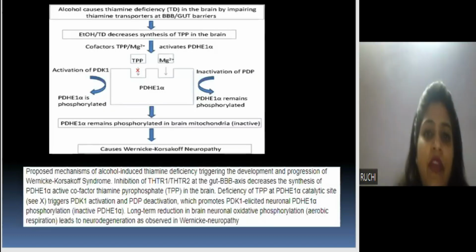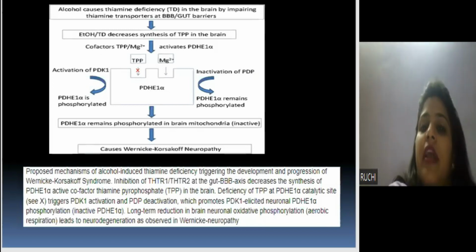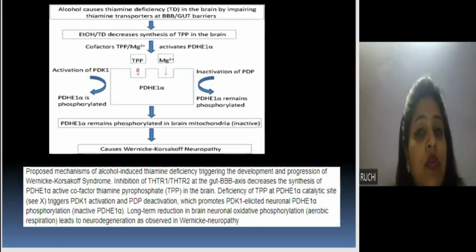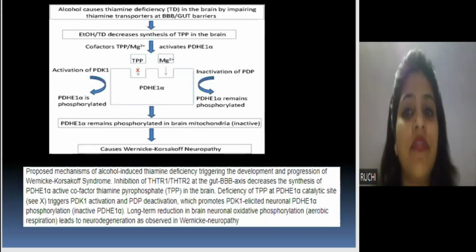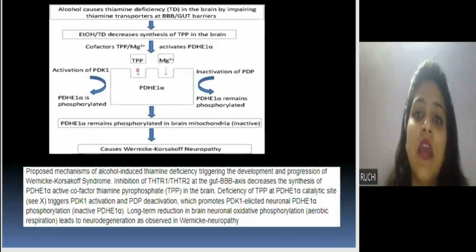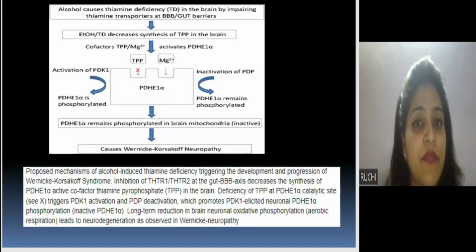We have observed that thiamine has a very important role, because alcohol causes thiamine deficiency in the brain by impairing thiamine transporters at the blood brain barrier or gut barriers.